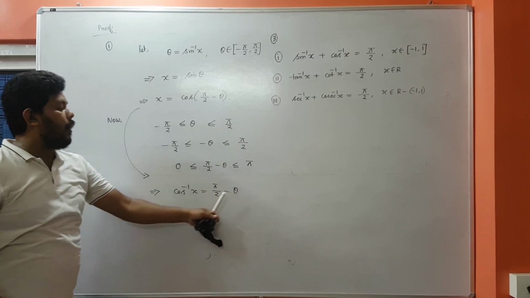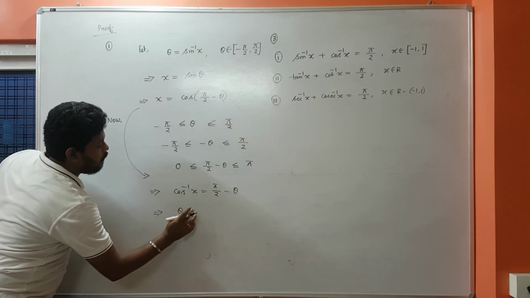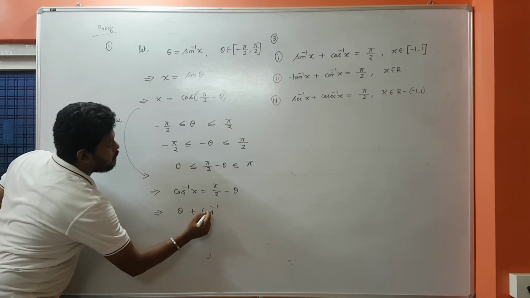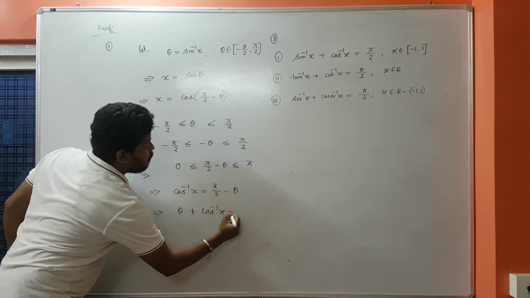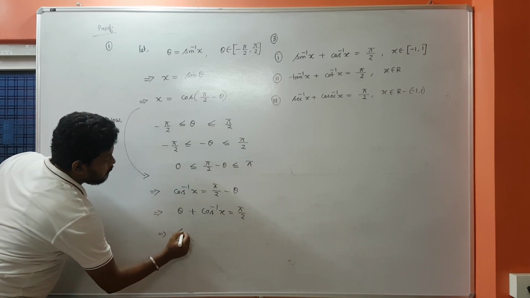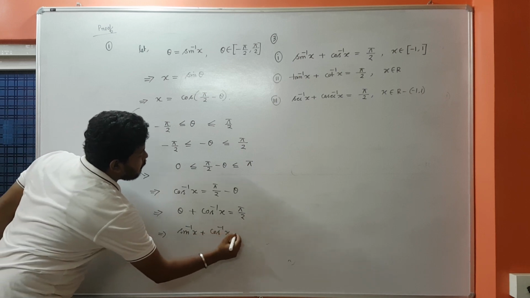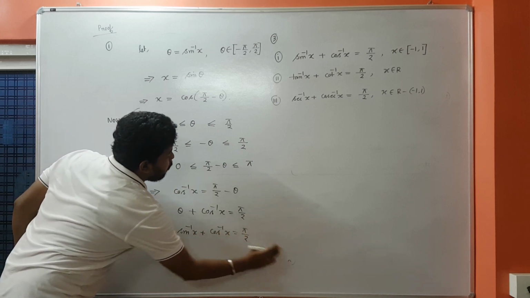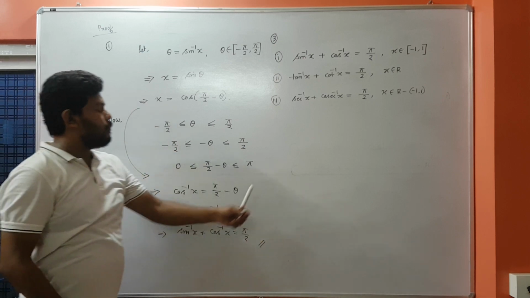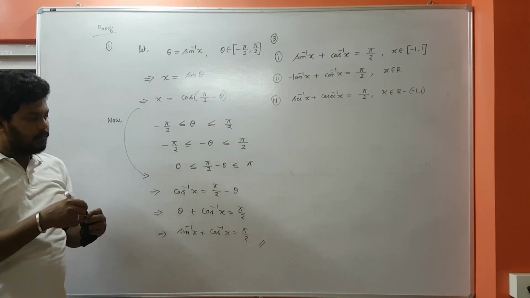Now what is your theta? Your theta is sin inverse of x. Take theta this side, it will be theta plus cos inverse of x is equal to pi by 2. That is sin inverse of x plus cos inverse of x is equal to pi by 2. This is your formula number 1 of set 3.